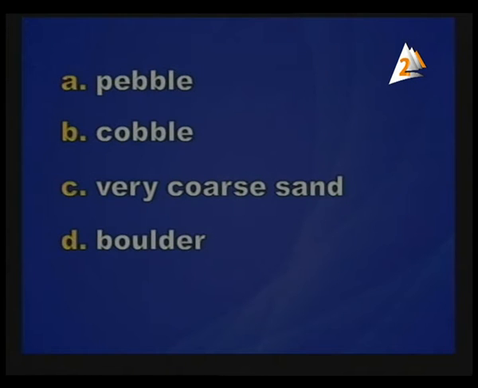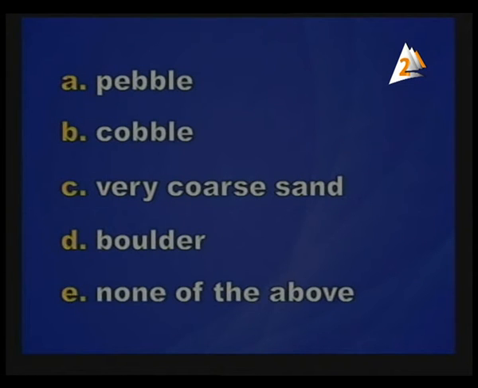It is pebble, cobble, very coarse sand, or boulder. As you see, my dear student, boulder is the largest size in this scale. It's not pebble, cobble, or even the last choice, none of the above. It is boulder, which is the right answer.